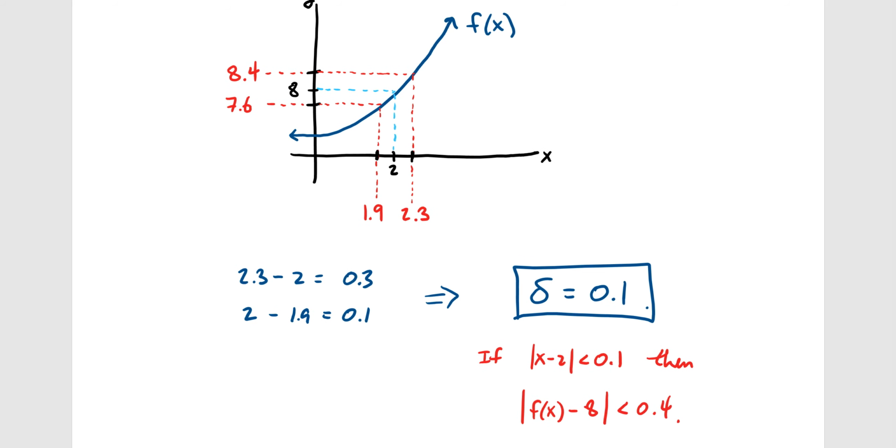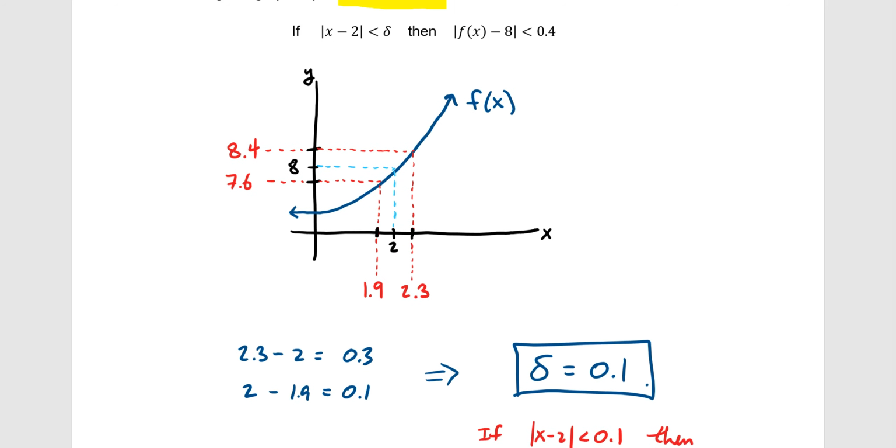As long as the distance between the x value and 2 is less than 0.1, that will guarantee that the y value corresponding to it will be between 7.6 and 8.4. Okay, so that is it for this section.